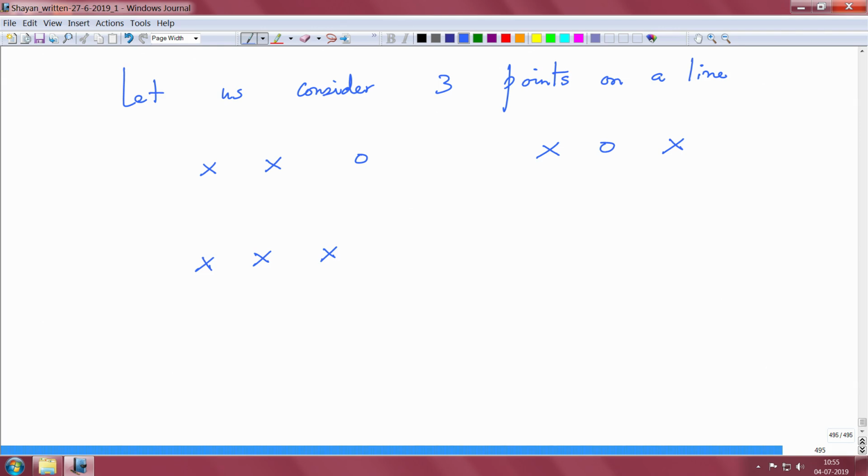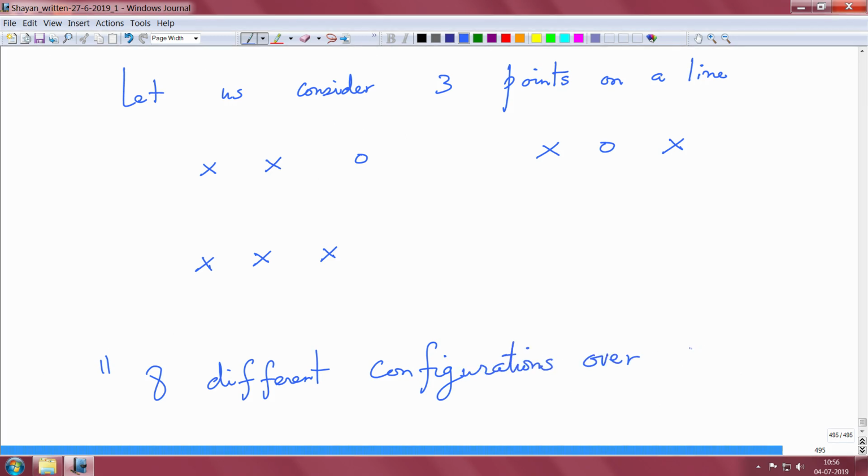Again, mind you that we need just one line that can shatter these points, right. There are 8 possibilities, 8 different configurations. Right, we have 8 different configurations over 3 points.